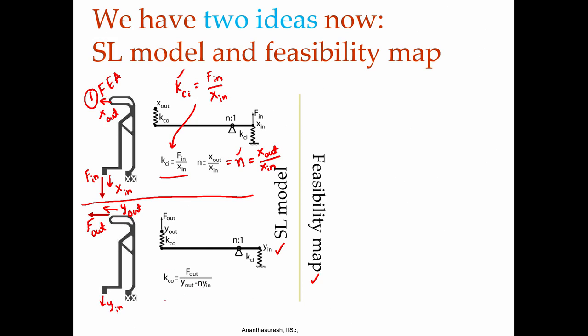We put these two together to get KCO, which is output side stiffness, that is given by F out divided by Y out minus N times Y in, which you have calculated in the previous step. We will get F out divided by Y out minus N Y in will give us KCO also. So, these three parameters capture the static behavior of a compliant mechanism.